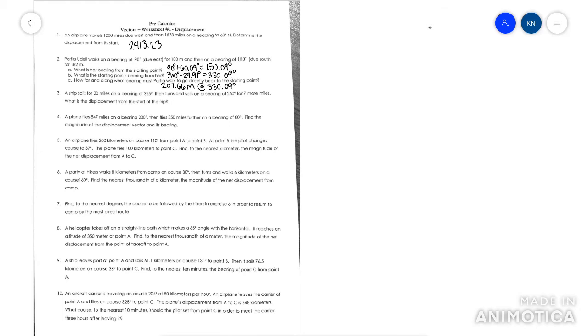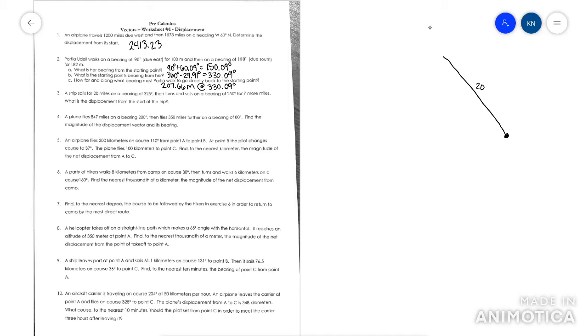Number 3, a ship sails for 20 miles on a bearing of 325 degrees. So you need to think about northeast, southwest. This would be 90, 180, 270. So 325 is going to be somewhere in this quadrant here. I'm going to go 20 miles at 325 from my start. Here's my start.